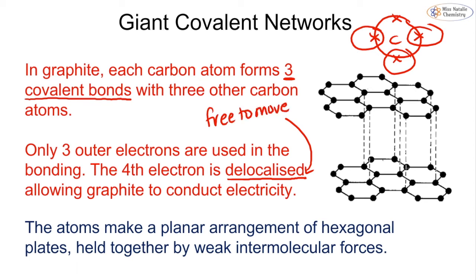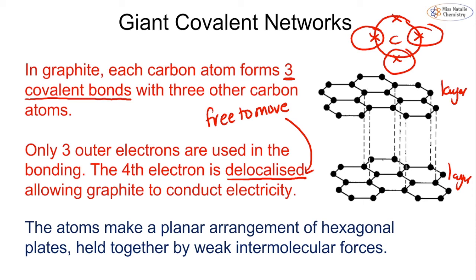So what happens is we arrange our carbon structures with these 3 bonds in layers, and you can see here this is the top layer and we have a bottom layer here, and each of the black dots represents a carbon. So you can see that each one has 3 bonds.